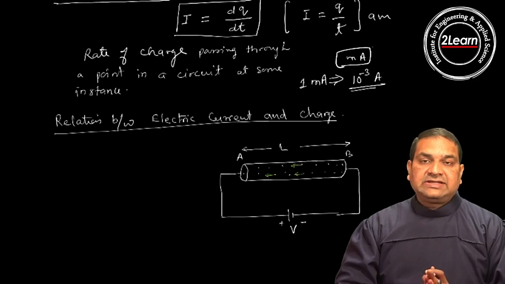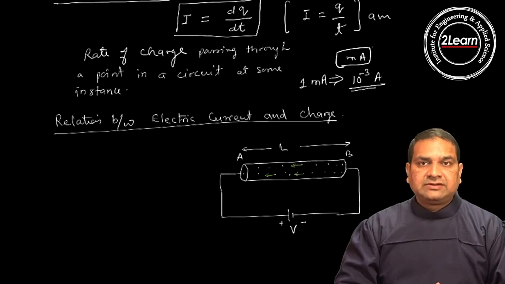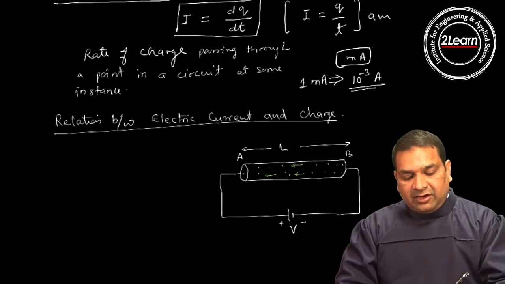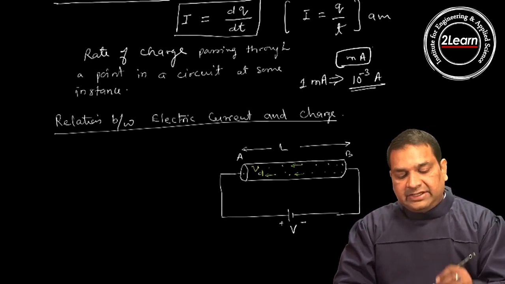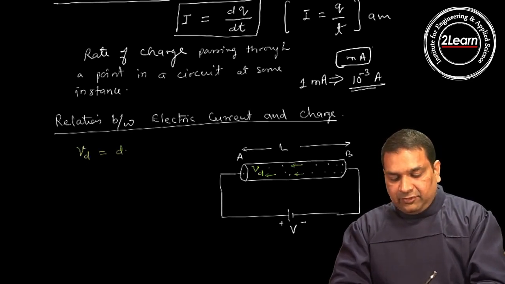When these electrons move from end B to end A, they have a velocity, and this velocity is called Vd. This Vd is known as drift velocity.